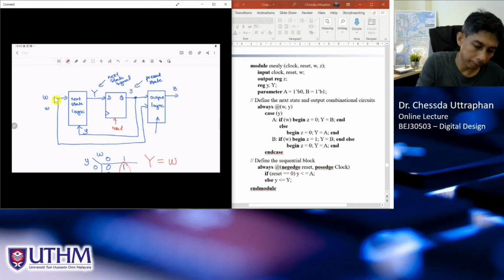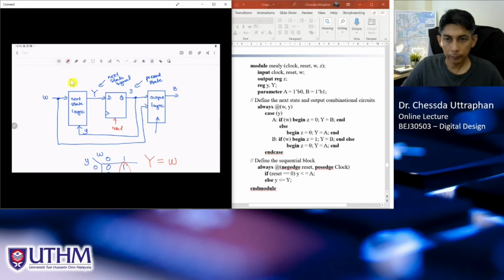Should be enough. Look at this. The input, only the clock, the reset, the W, and the Z. These all are internal wire. And input clock, reset, W, and the output Z.